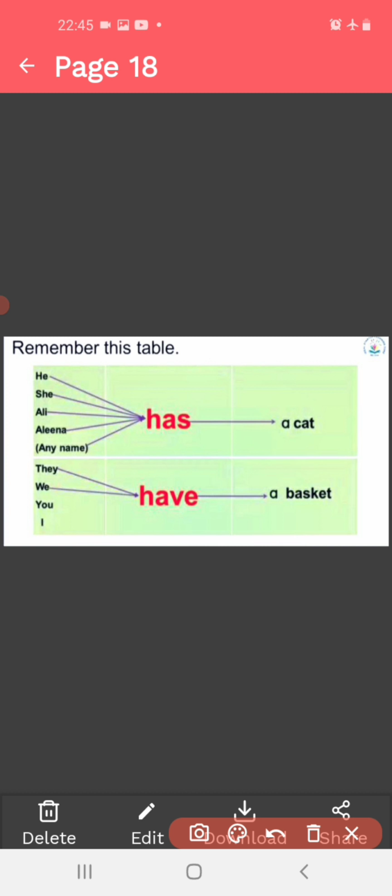And here you can see have is used with words like they, we, you, I. Like they have a basket, we have a basket, you have a basket and I have a basket. So both the verbs are used with these words when we want to show the ownership, to show possession.